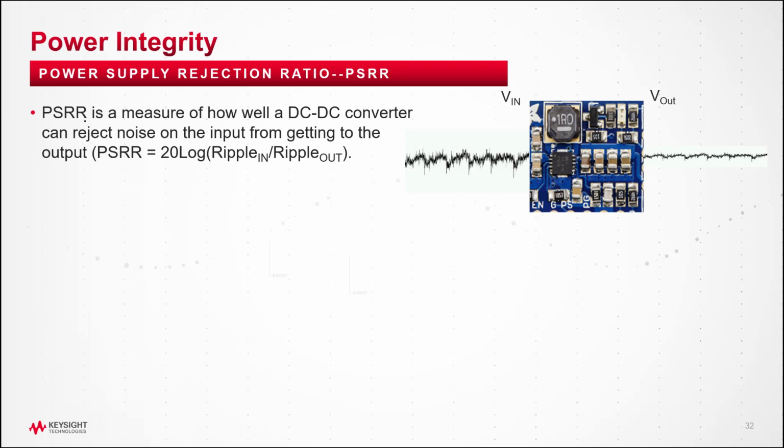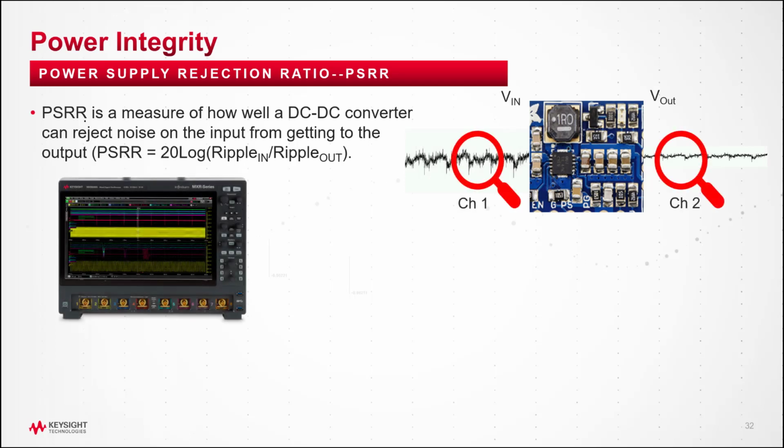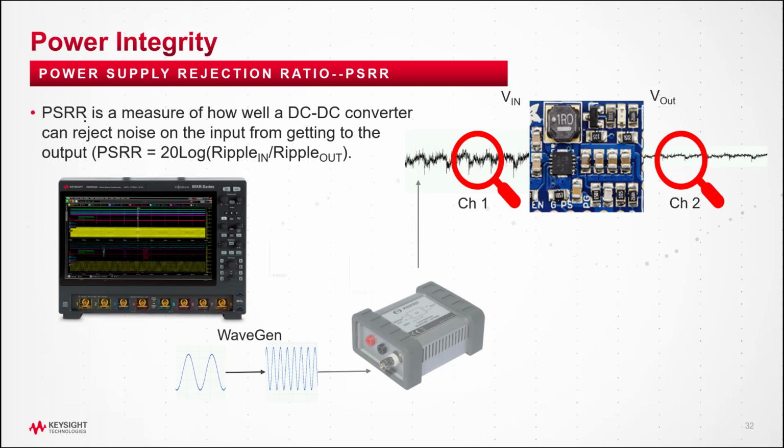To do this with the scope, in this example we take our MXR and two probes. One probe probes the rail going into the voltage regulator. The other one probes the rail coming out of the voltage regulator. Then we take the output of the built-in waveform generator on the scope and run that into something like the Picotest line injector, which helps us couple that AC signal on top of the DC rail.